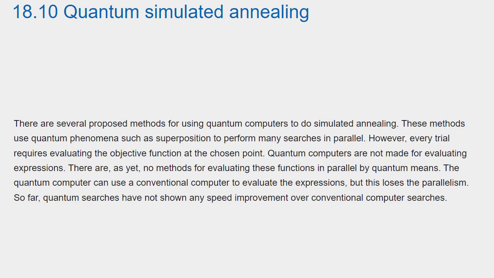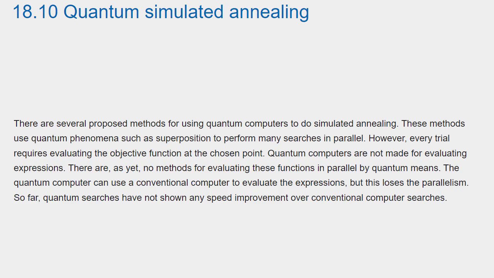Section 18.10 Quantum Simulated Annealing. There are several proposed methods for using quantum computers to do simulated annealing. These methods use quantum phenomena such as superposition to perform many searches in parallel. However, every trial requires evaluating the objective function at the chosen point.